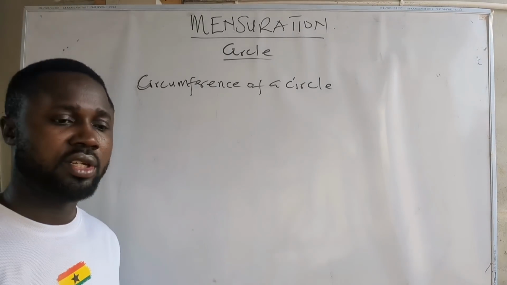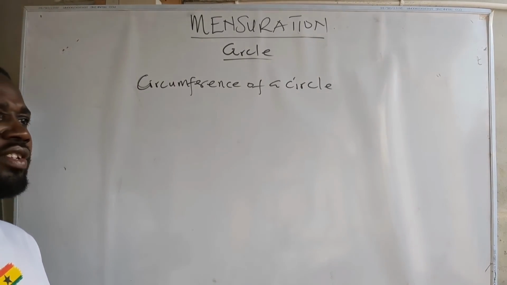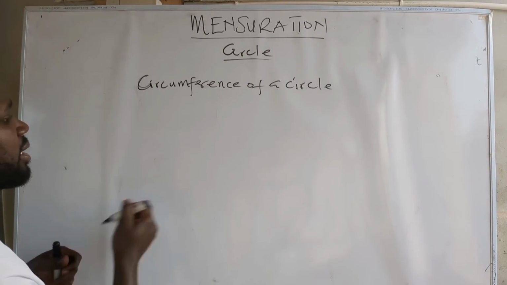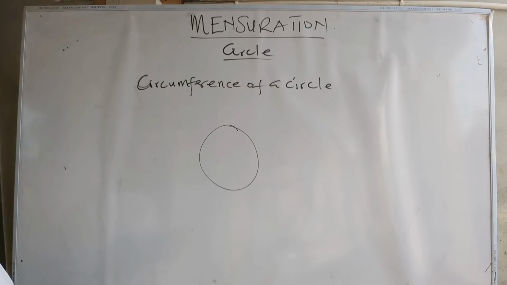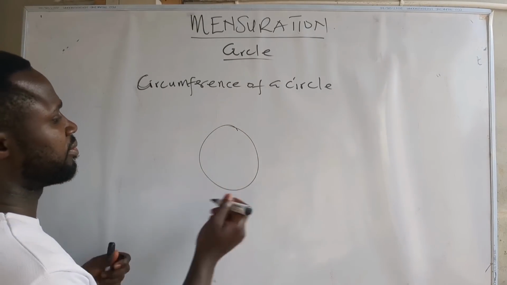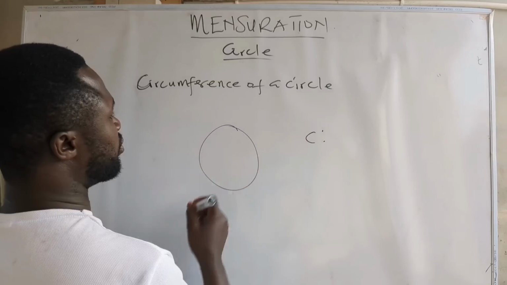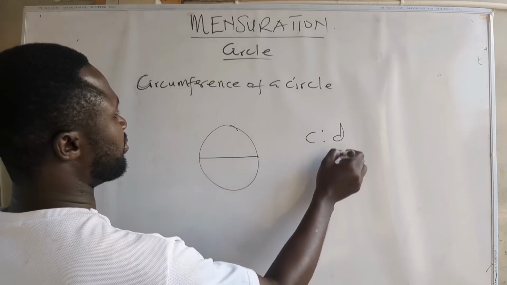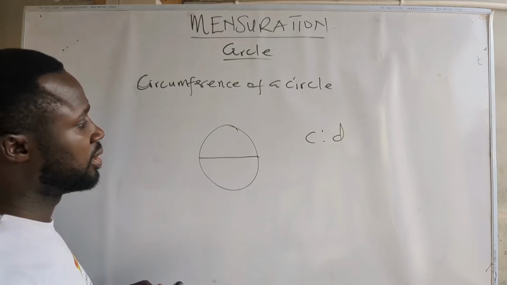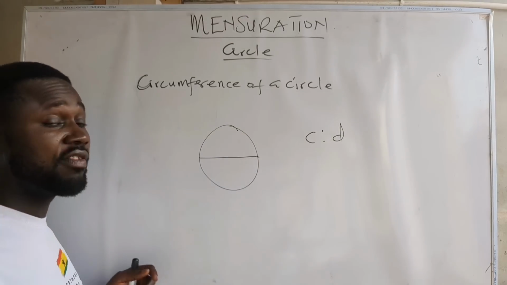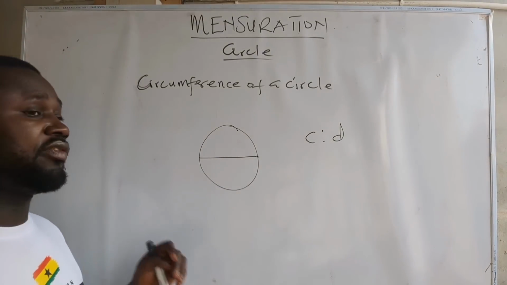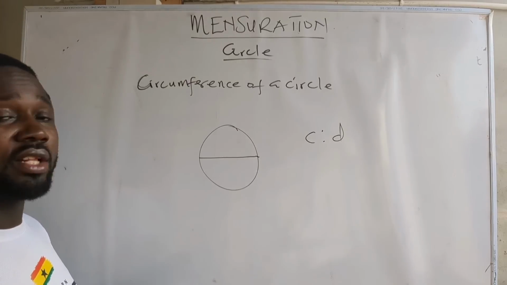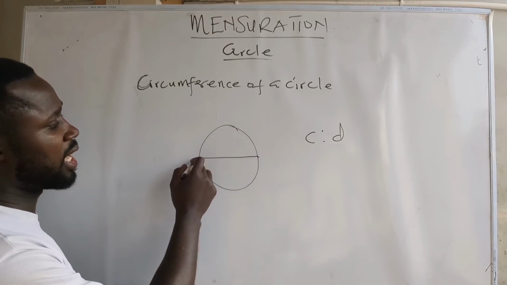One thing we should know is that for every circle, if I draw a circle like this, the ratio of the circumference to the diameter is constant. For every circle, there is a constant ratio of the circumference to the diameter.